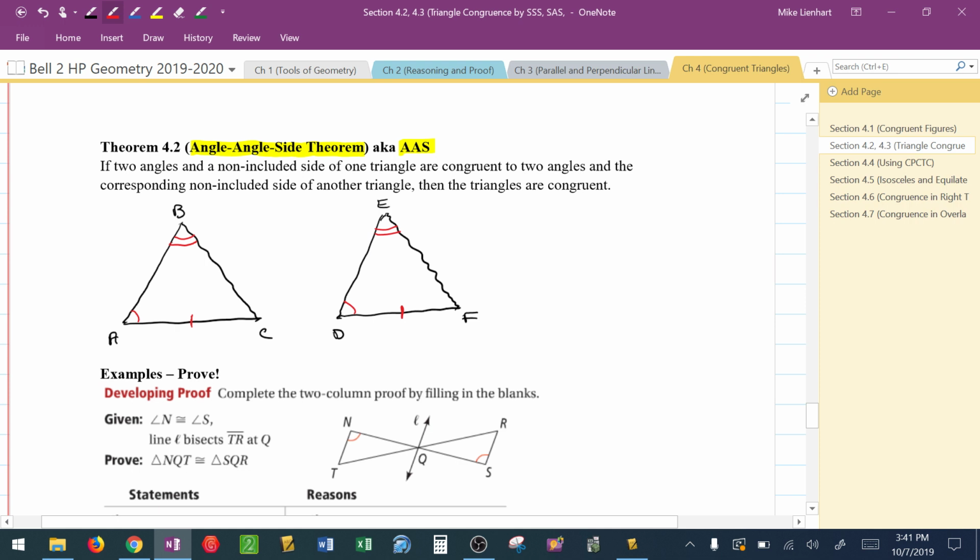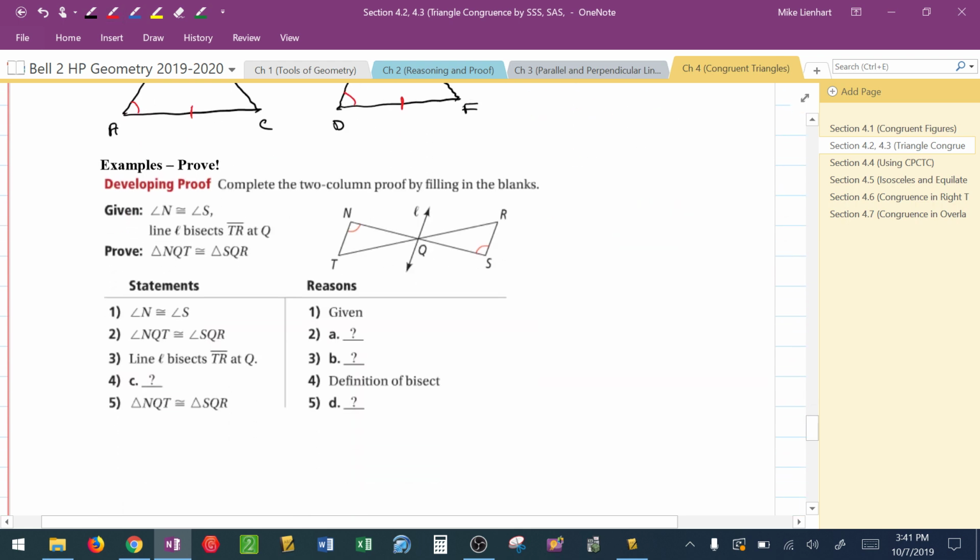The one that wouldn't would be AB congruent to DE. Why? Because that's angle side angle. The side is included. So now I could say that triangle ABC, again, is congruent to triangle DEF. And my reason here would be by angle, angle, side.